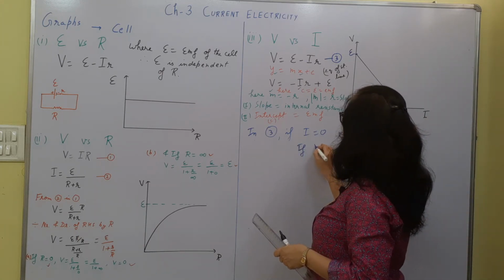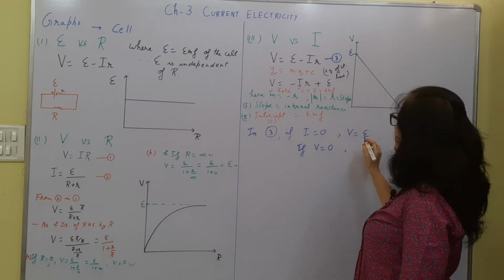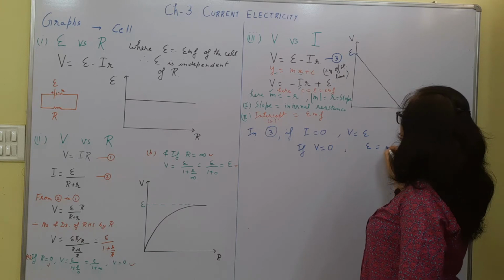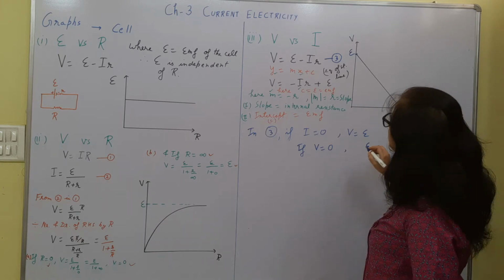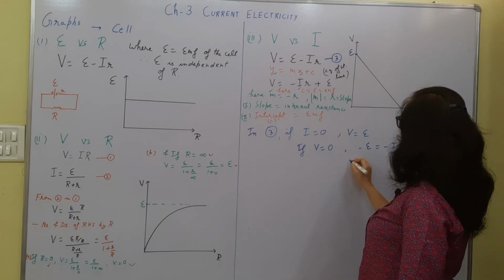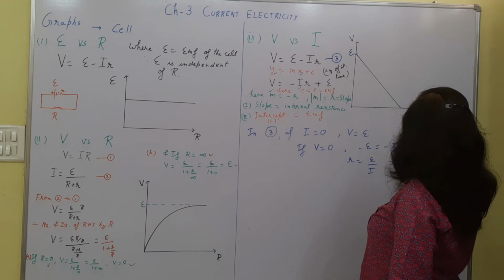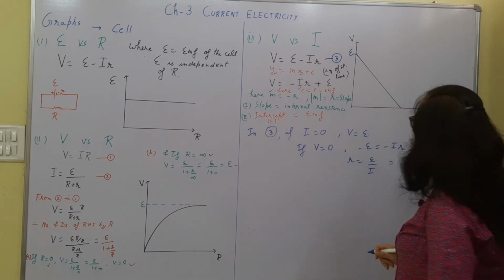If V is equal to 0, then you can say that EMF is equal to this, or you can say r is equal to E upon I, and this is actually the slope.